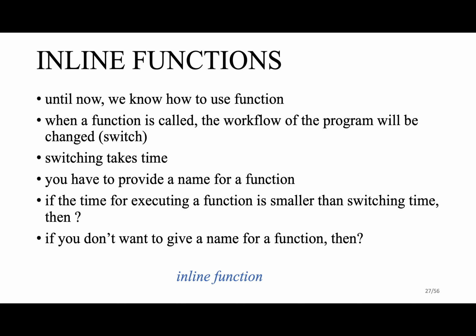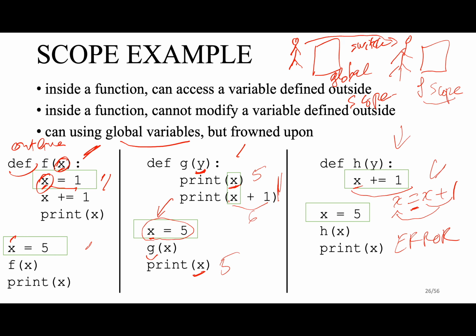So here we talk about inline function. It means that if you have an inline function, at the beginning you are in global scope, and if you call inline function f, inline function is the opposite of the outline function. It doesn't do a switch, doesn't transfer scope. They still stay inside the global scope. So it means that you can save time for switching function.